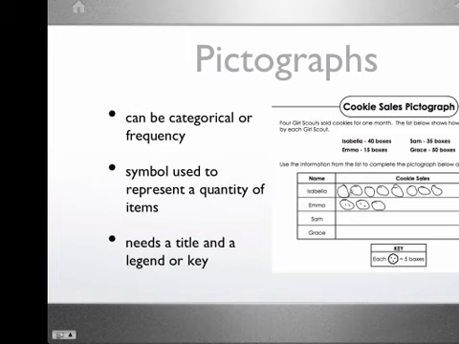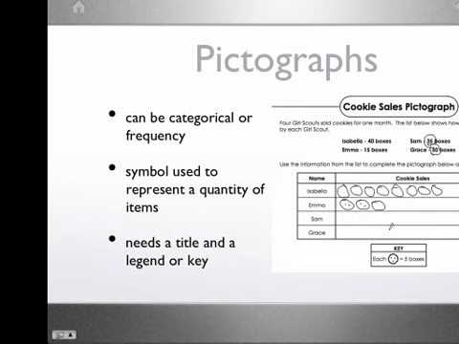And then for Sam, if he sold 35 boxes, we ask ourselves, 35 divided by 5, since each cookie represents 5 boxes, would mean 7 cookies for Sam. And then Grace sold 50 boxes. Let's see, 50 divided by 5, that's right, 10. We would put 10 cookie symbols here to represent how many boxes of cookies Grace sold.